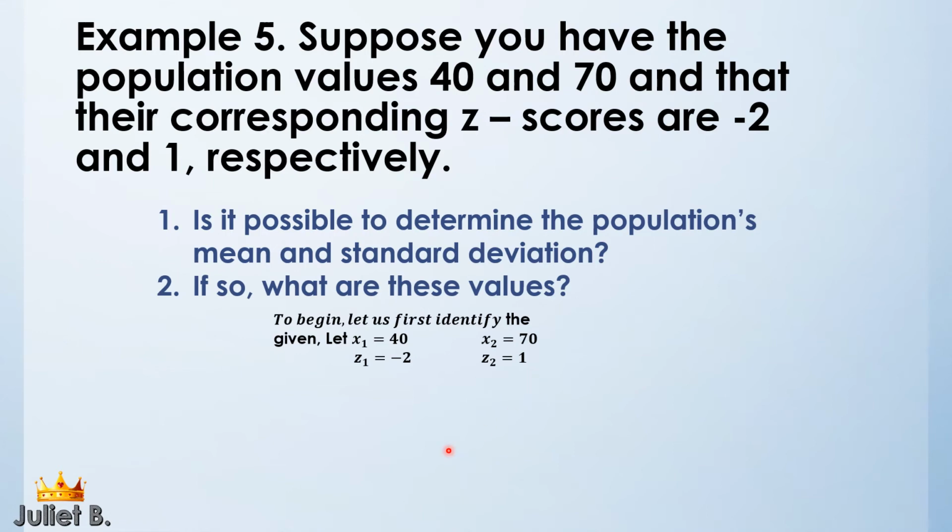In this example, we do not have standard deviation 1 and standard deviation 2, as well as mean sub 1 and mean sub 2, since we are describing a single population. Thus, standard deviation 1 is equal to standard deviation 2, and that is equal to standard deviation. Same with mean sub 1 is equal to mean sub 2, and that is equal to the mean.